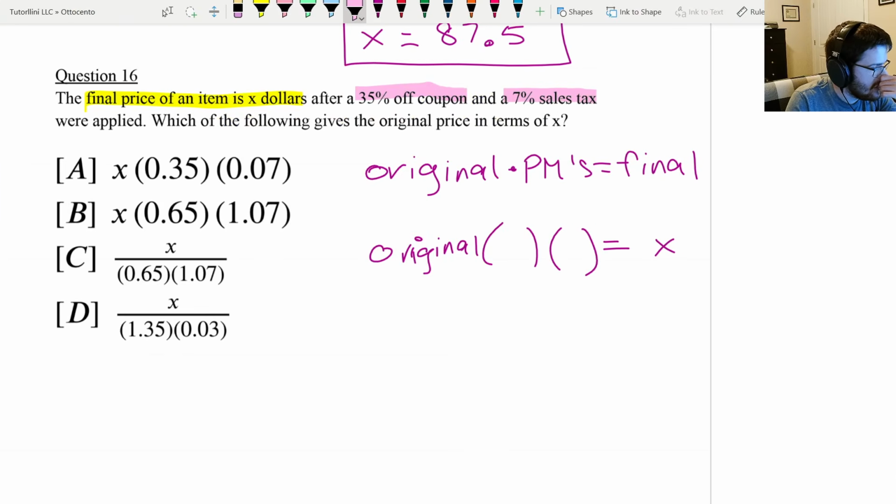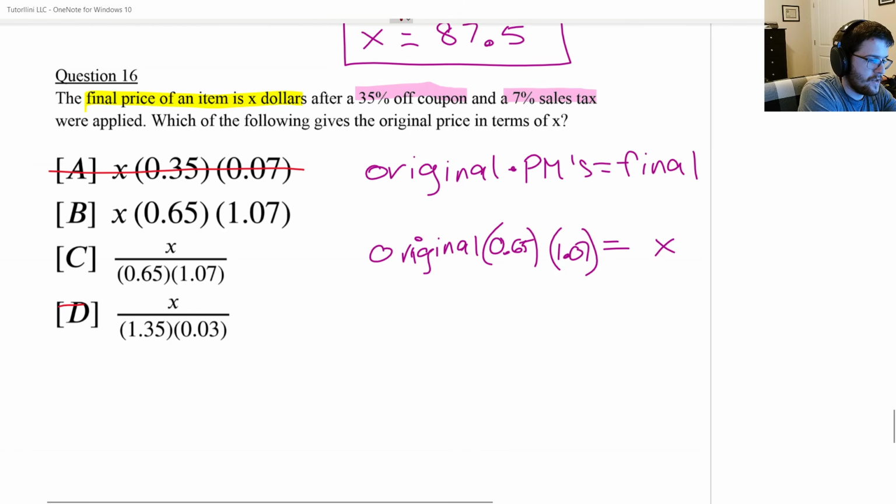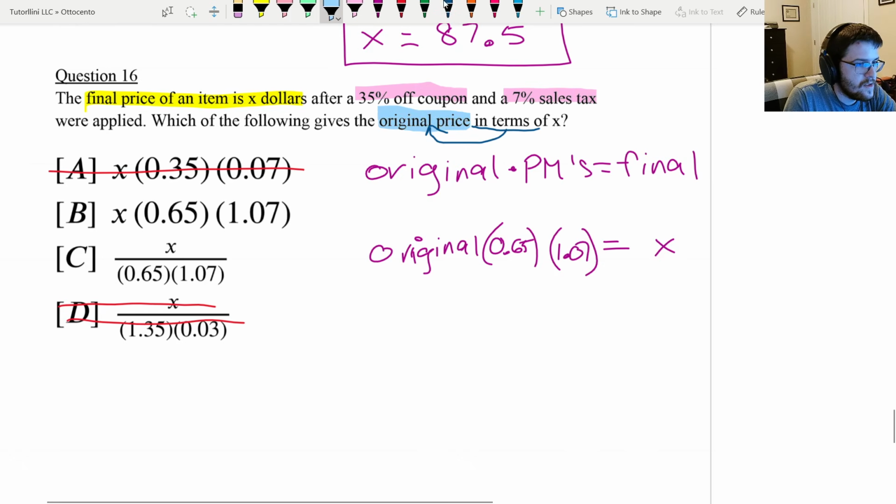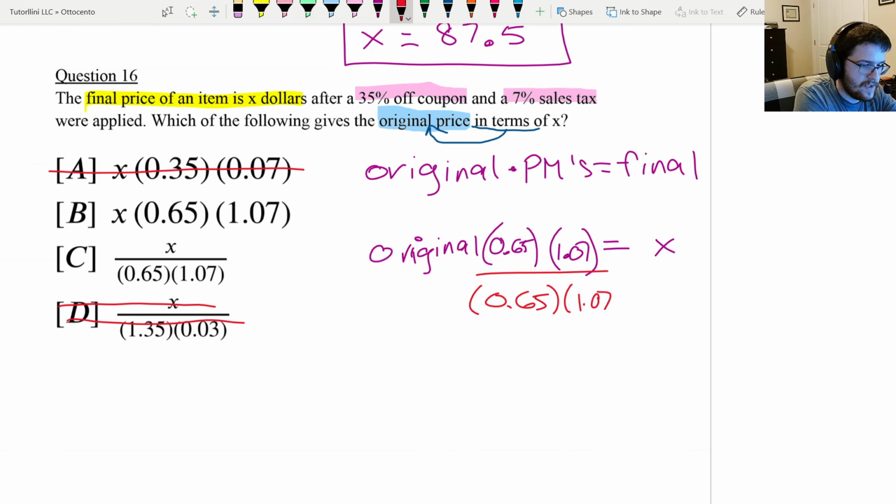Okay, right away, even if you didn't even do the problem, these two guys are looking to be wrong, right? They don't have the right multiplier. So they're probably not the right answer. Okay, so remember it says in terms of. So the thing in front is what we want to get by itself, the original price. So to get the original price by itself, we're going to divide both sides by 0.65 times 1.07.